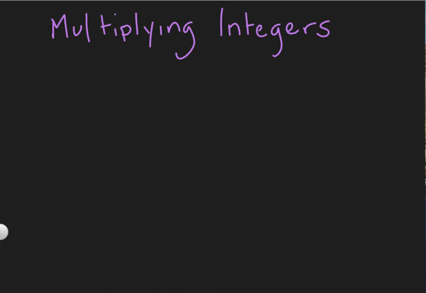About multiplying integers. Now, multiplying integers, I think, is easier than adding and subtracting. So there are a couple of ways to think about this. One of them, and if you understand the idea that if we've got the same signs, it's going to be positive.